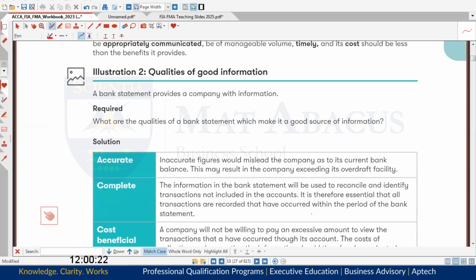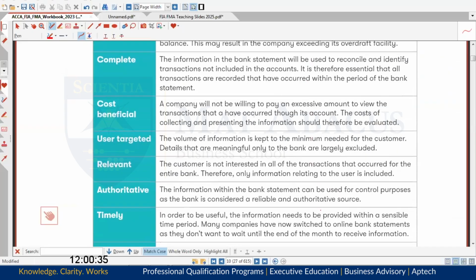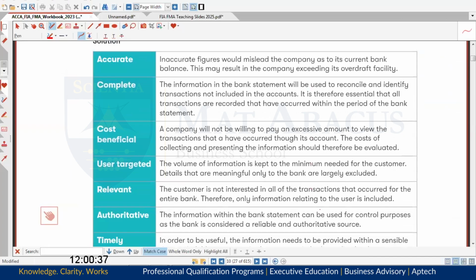Qualities of good information: it should be accurate. For example, if I tell you we shall have a class on Friday, that's accurate information, but it is also not complete, okay? Good information should be accurate as well as complete. So it should be class on Friday, but at what time?